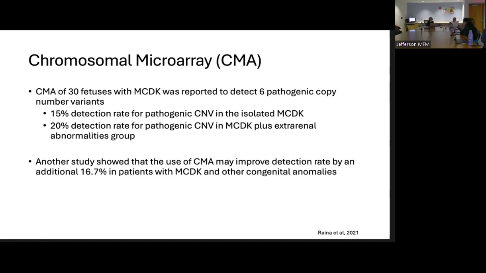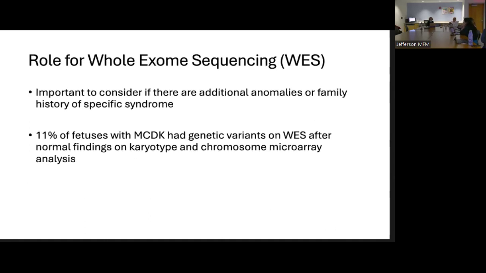So at least we can say 15%, maybe up to 20%, which is really higher, because the general teaching is that a microarray is going to give you an additional yield of around 6%. This is very interesting, but again, the number was 35. That's an excellent number given how infrequent this disease is.